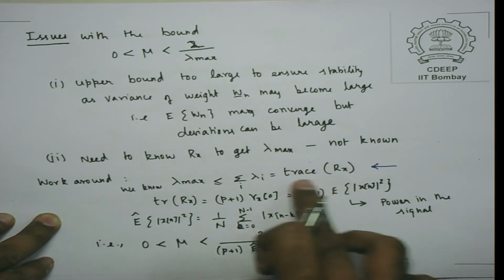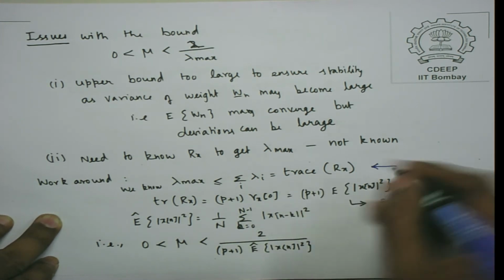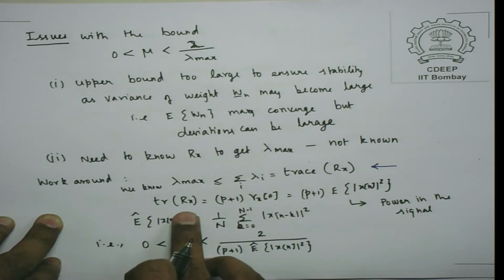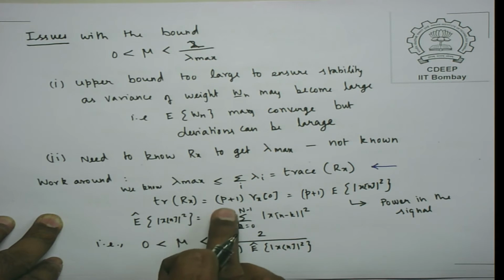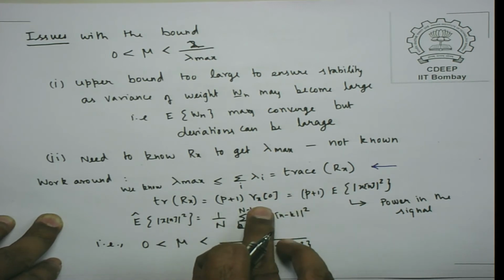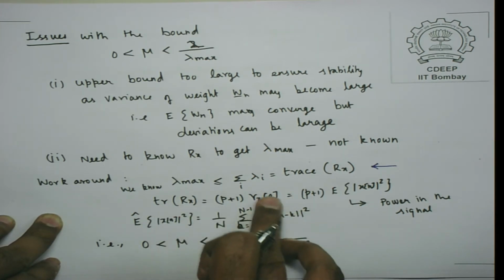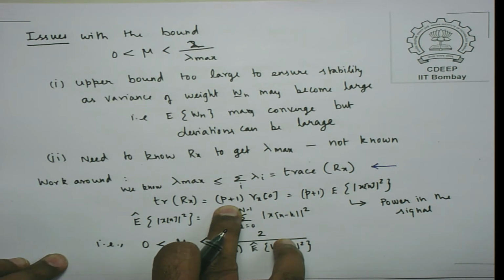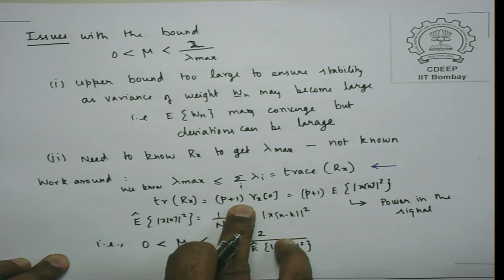Recall Rx has R0 on the diagonal. So for this positive definite matrix, the trace is essentially Rx(0) times p plus 1, because all the diagonal values will be equal. Again, this is not an estimated value, we are just thinking analytically that this is true.